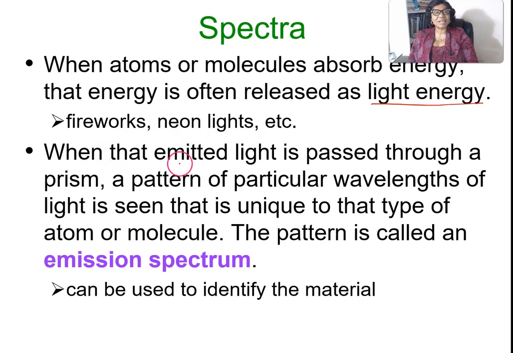So when that emitted light is passed through a prism, a pattern of particular wavelengths of light is seen that is unique to that type of atom or molecule. The pattern is called an emission spectrum or spectrum of that particular atom or molecule.